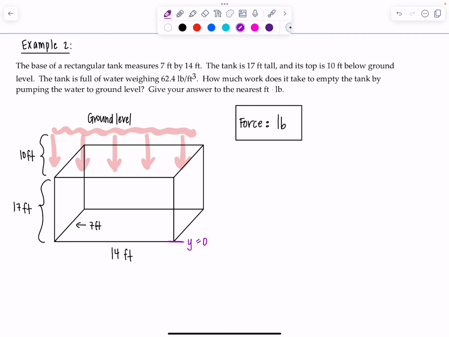I think in the last video I did x's, but you know, whatever. So here I'm going to have at some height y sub i. I'm going to slice up the water. Pretend you can slice up water, and that makes sense. Okay, and then y sub i plus 1 would be a wee bit higher.